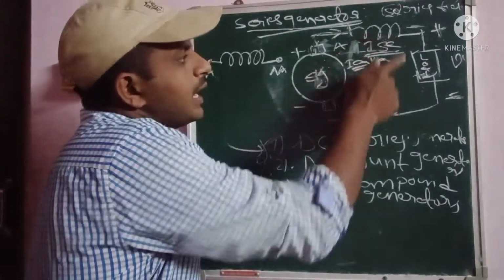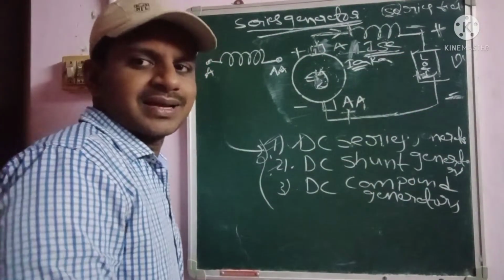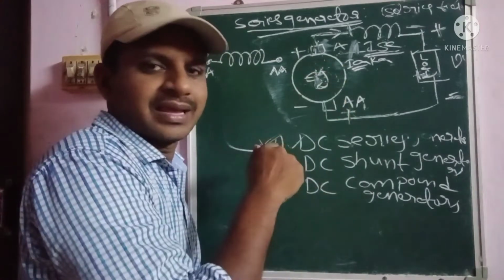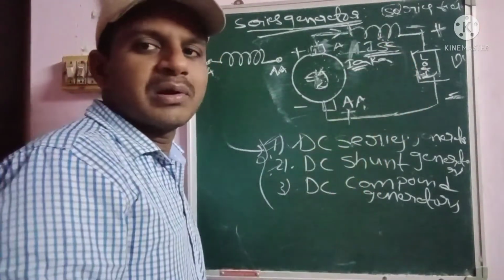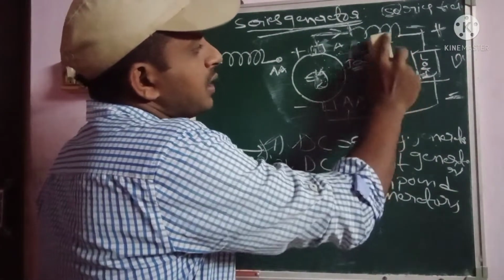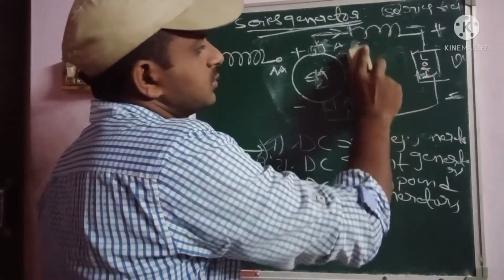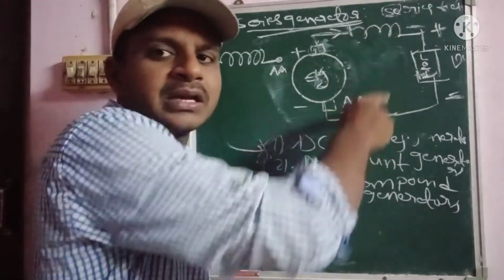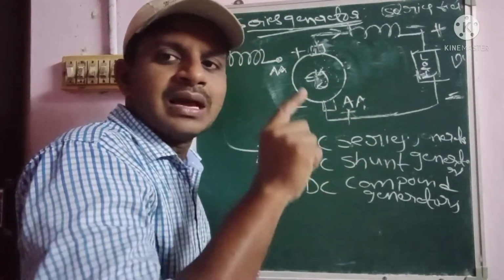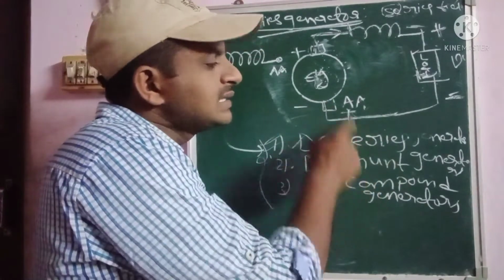Coming to the EMF equation of a generator, we have to calculate it here by applying KVL to the entire loop. Please remember that all these indications are very important for the calculation of the generated EMF for the DC series generator.